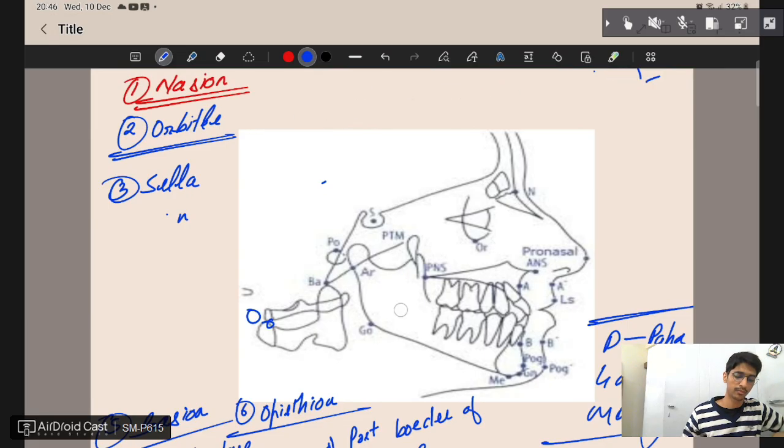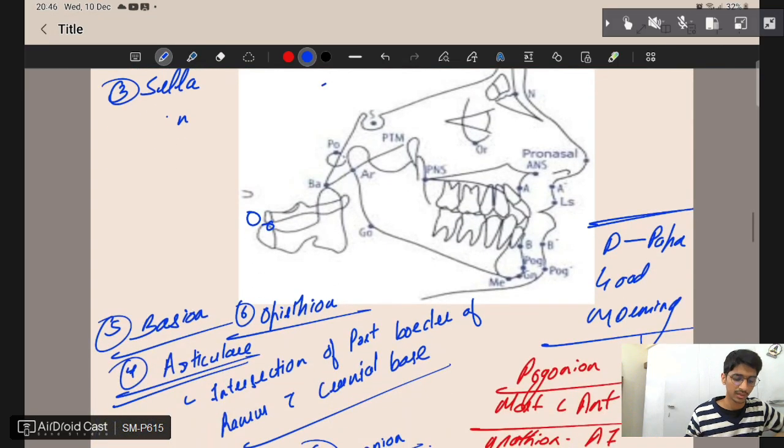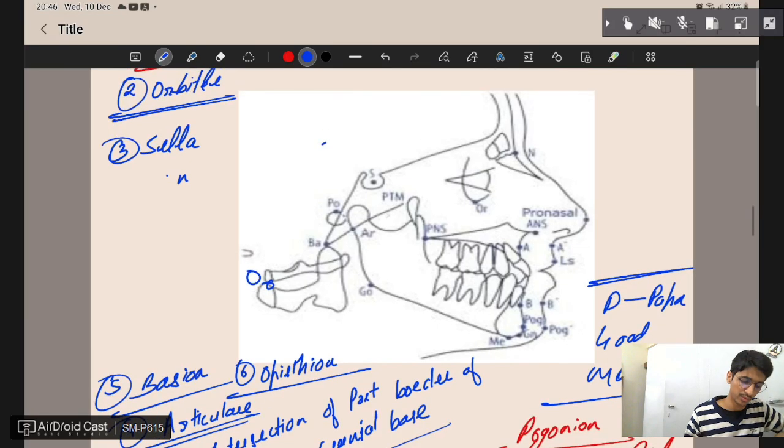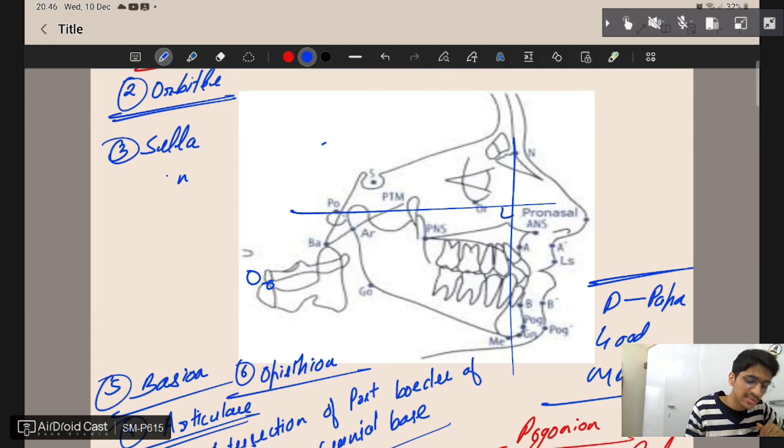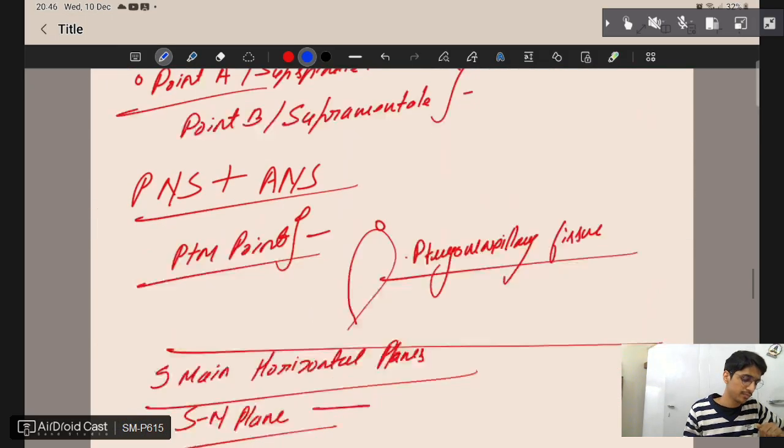So this is your FH plane from Porion to orbital, and the second plane is from N to POG. See, this value is almost perpendicular to both the planes, so its normal value is 90 degrees.